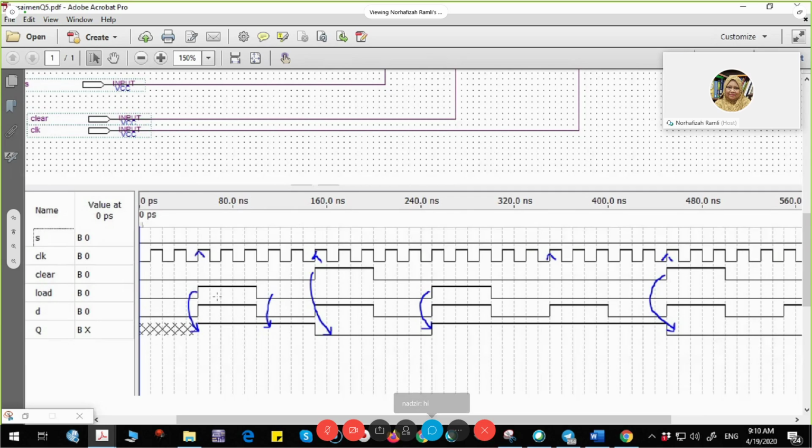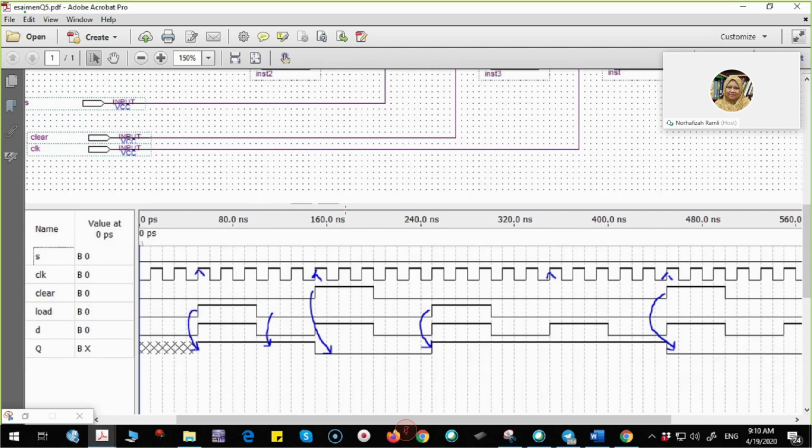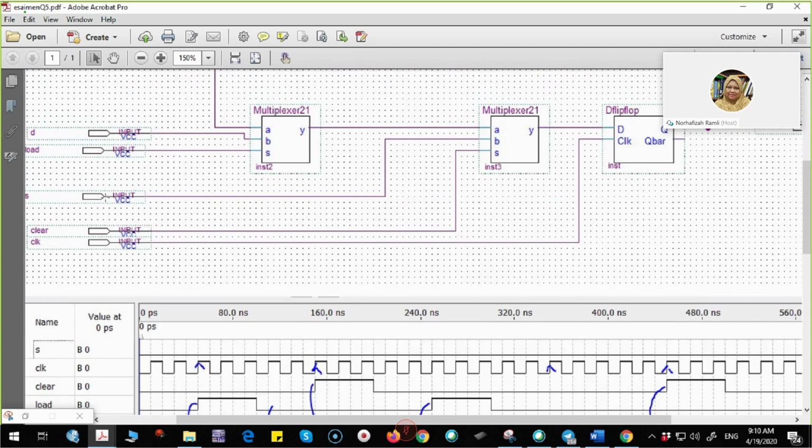I mean, the best thing is to keep your grid size to 50, the smallest. This is too many. Let's see. If your load is 1, that means it will select.